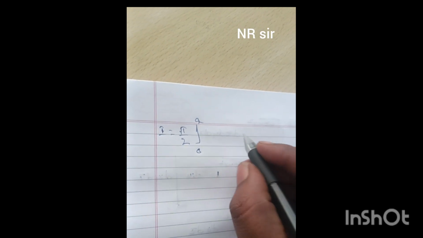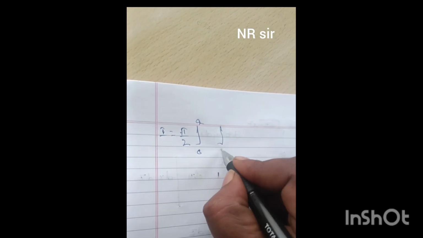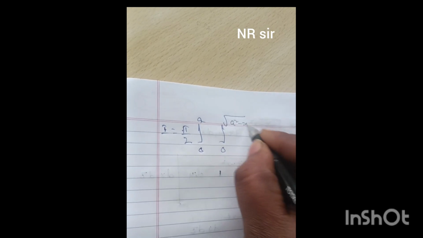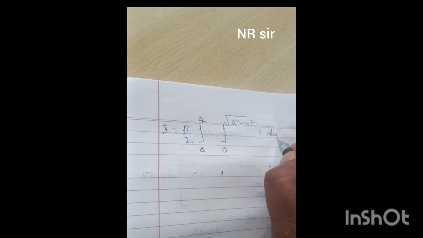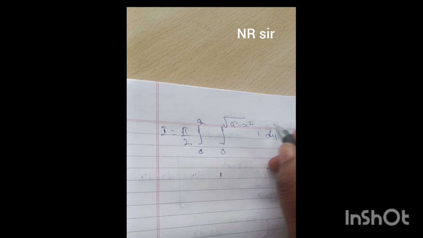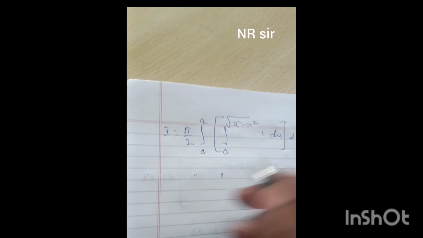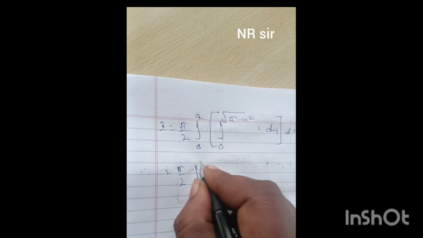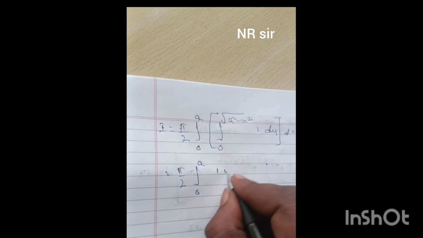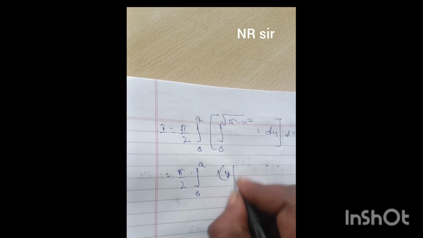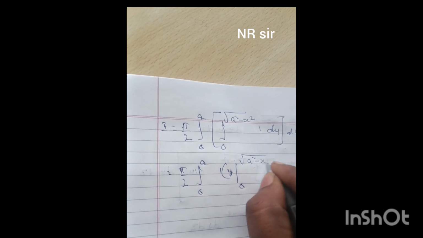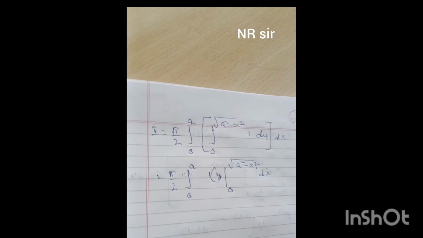For the second limit, you can observe 0 to square root of a square minus x square, 1 dy dx. If you do the integration, we will get pi by 2, 0 to a, y, with limit from 0 to square root of a square minus x square, dx.